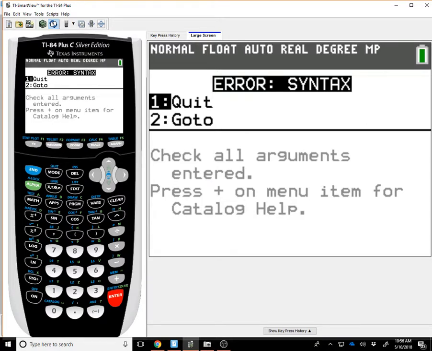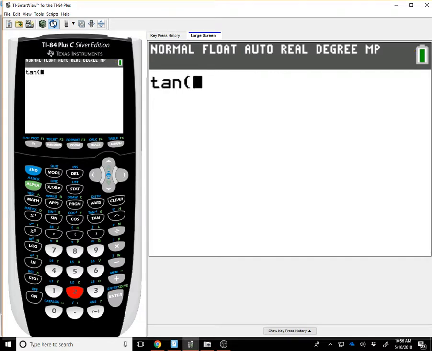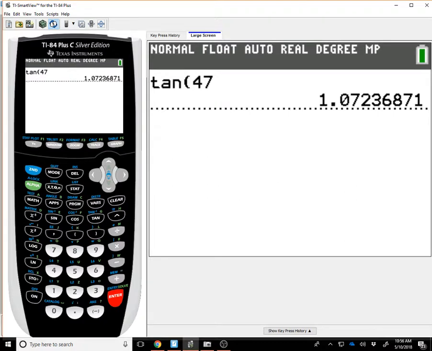Tan 47 is just some number. Tan by itself is nothing, because remember, sine, cosine, tangent are just a call for a ratio.